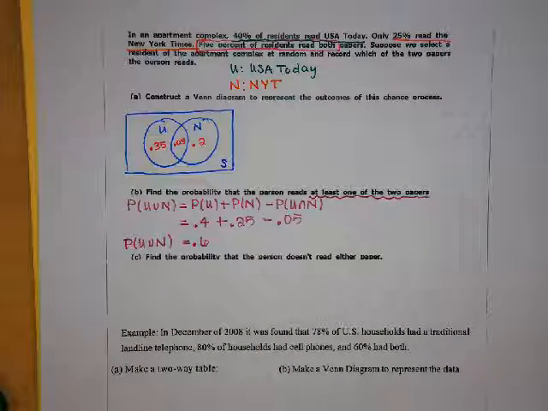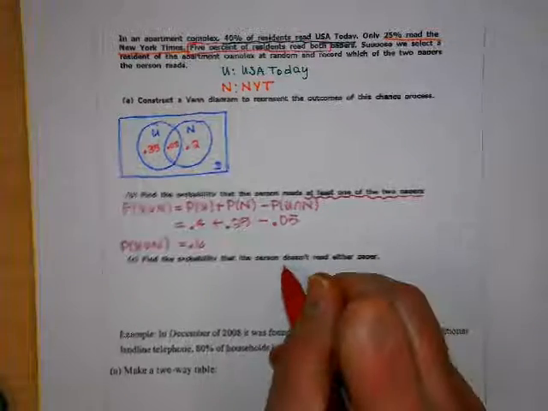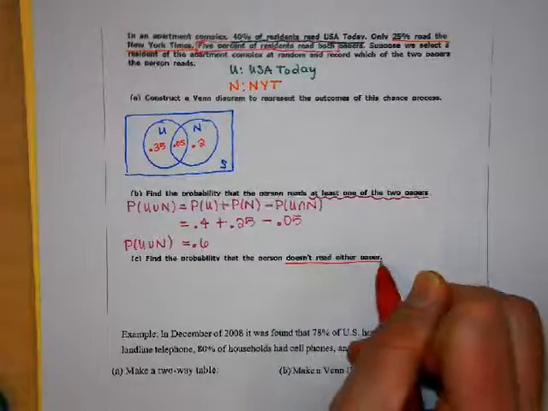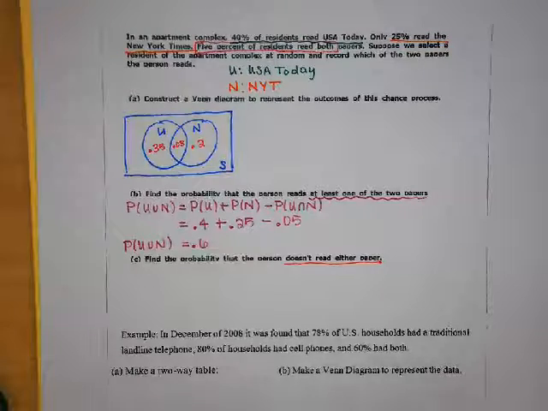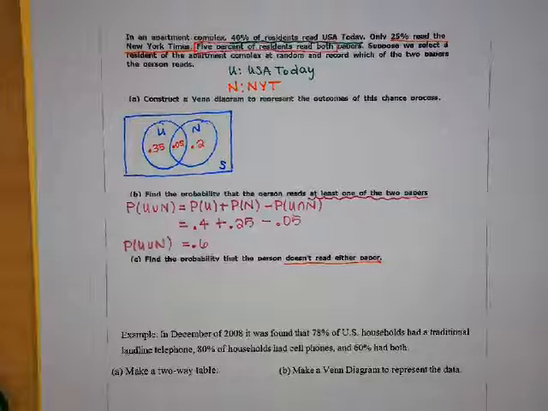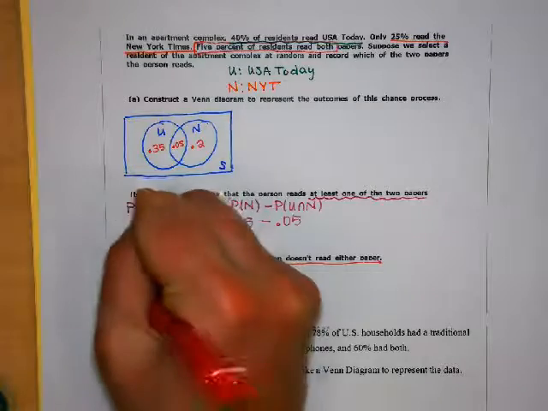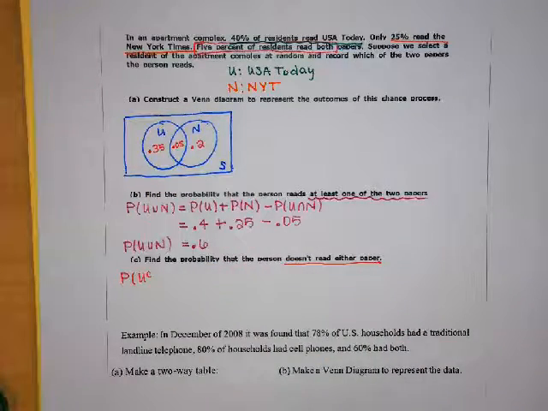Then we want to find the probability that the person doesn't read either paper. They don't read USA Today, they don't read the New York Times. They don't read both. Well, I guess I can't say they don't read, but probability, U complement, they don't read USA Today, and N complement, they don't read the New York Times.